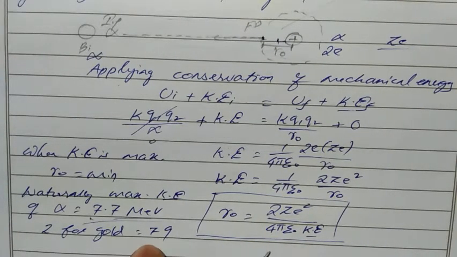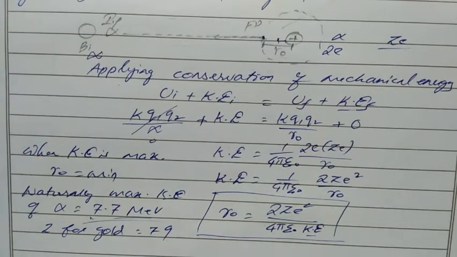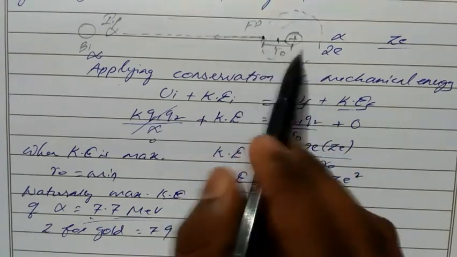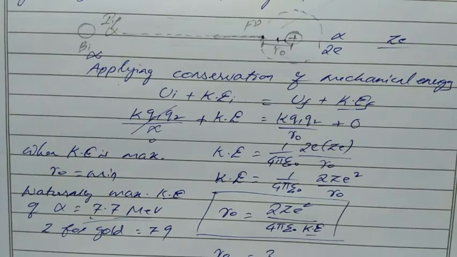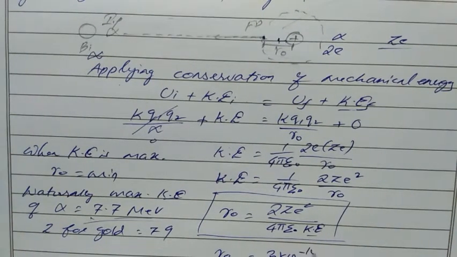Then Z value 79, then E charge of electron 1.6 into 10 power minus 19 coulomb. So if you substitute all the values, then we will get R naught for gold, which will be 3 into 10 power minus 14 meter.